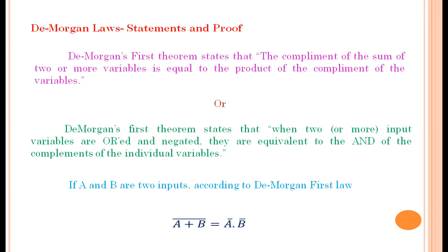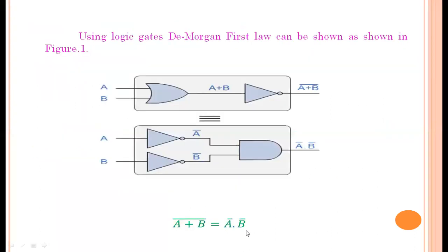So this is also called De Morgan first theorem. It states that when two or more variables are ORed and negated, this is equal to ANDed complements of the individual variables. Mathematically, we can show that (A plus B) bar is equal to A bar into B bar. This is called De Morgan first law.